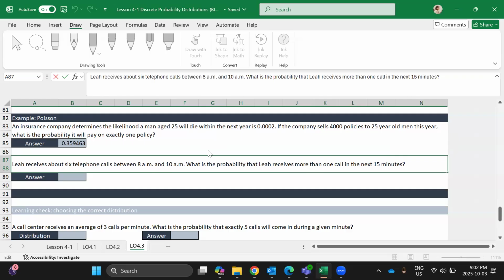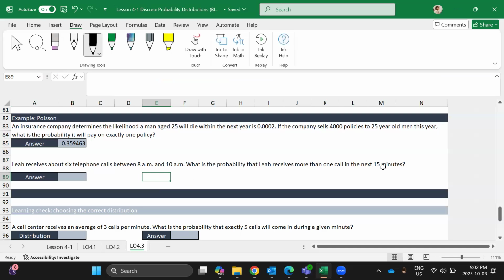So we need to get those on a similar scale. If we have 6 telephone calls in 2 hours, from 8 a.m. to 10 a.m., then we would expect to receive about 3 per hour.